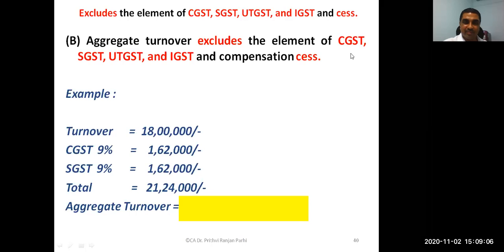Sir, can you repeat the value? Yeah, can you see the value on the screen? Yes, sir. Basic turnover is 18 lakh, CGST 1,62,000, SGST 1,62,000. Total is 21,24,000. Question is, what is aggregate turnover?